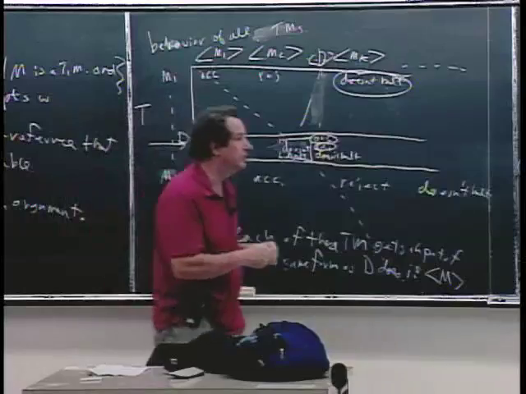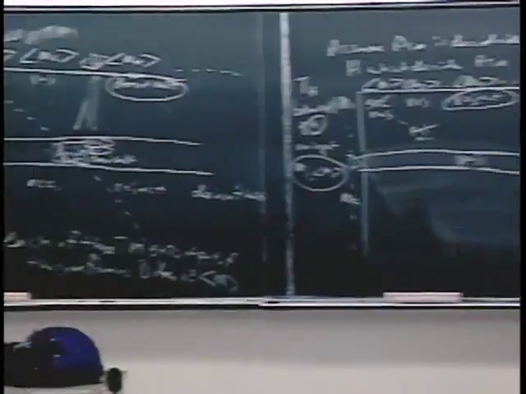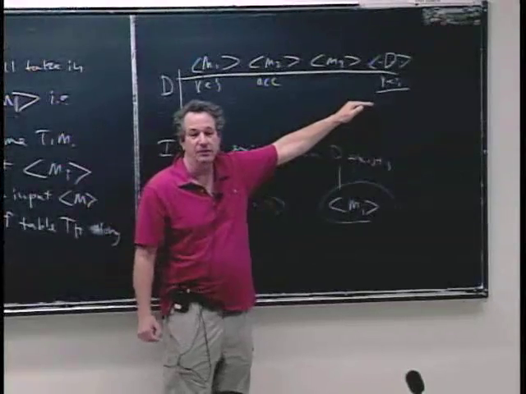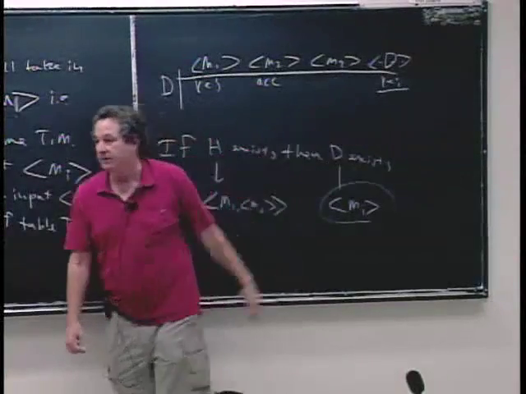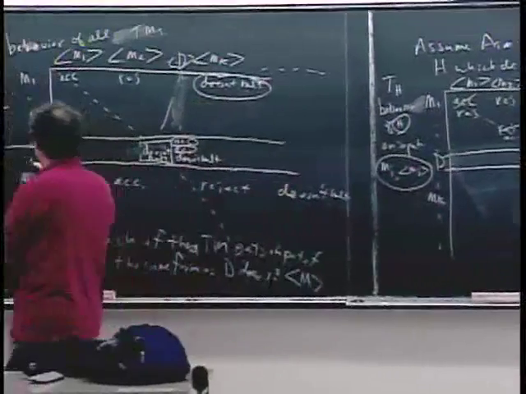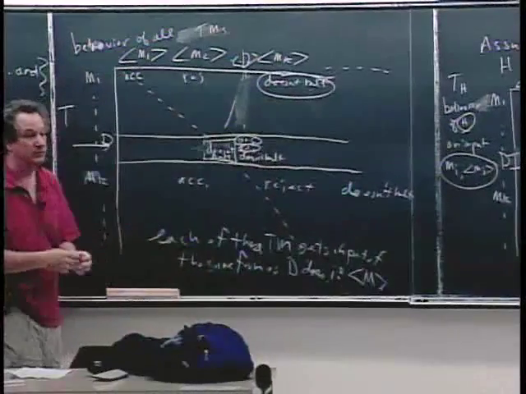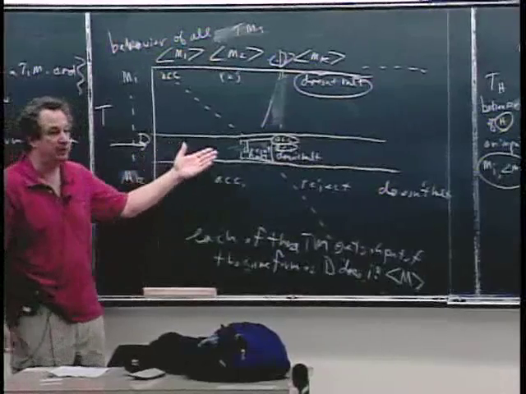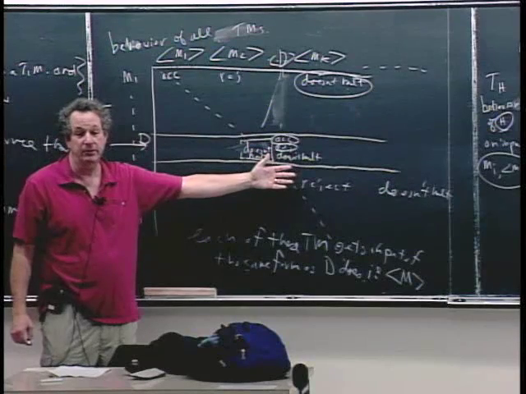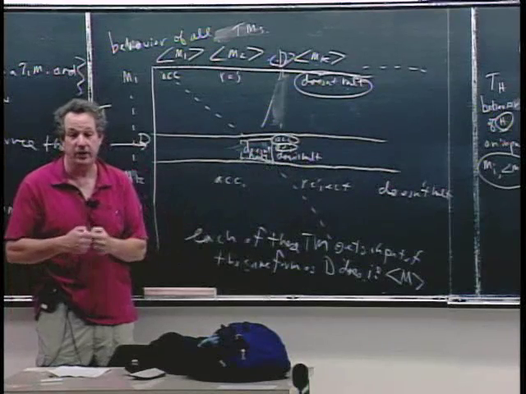So we have deduced over here that D must have this behavior, which doesn't even have in it doesn't halt. On the other hand, we've said, okay, D is a Turing machine, so it's got to be somewhere in this table. And this table has three possible entries. And I'm simply going through those three possible entries to show a contradiction in each case.